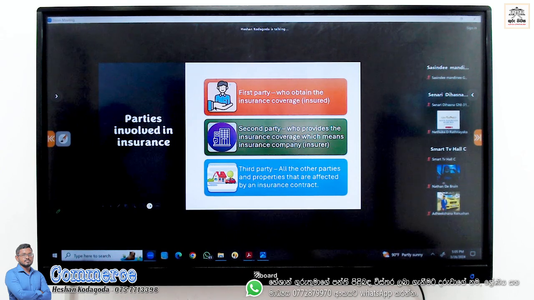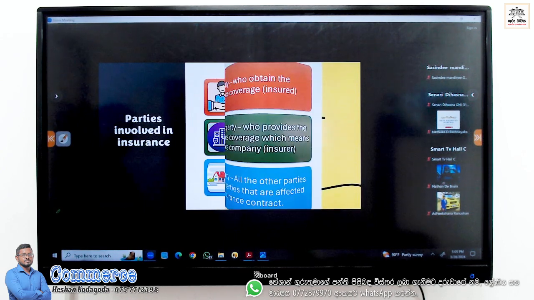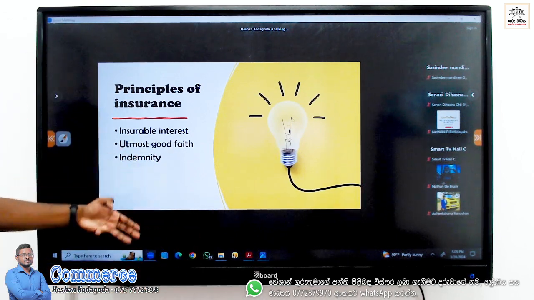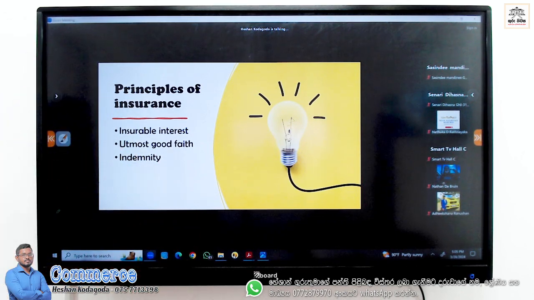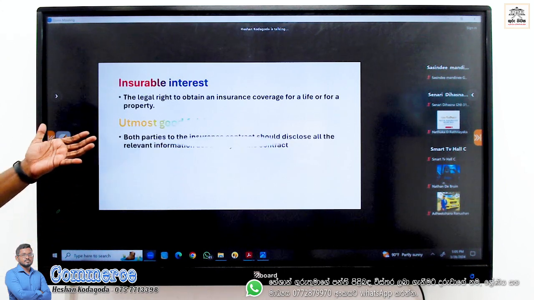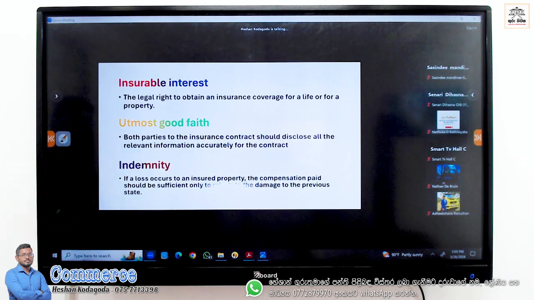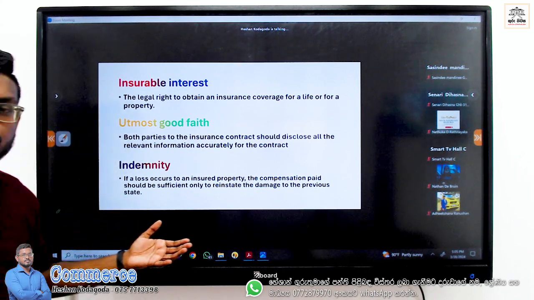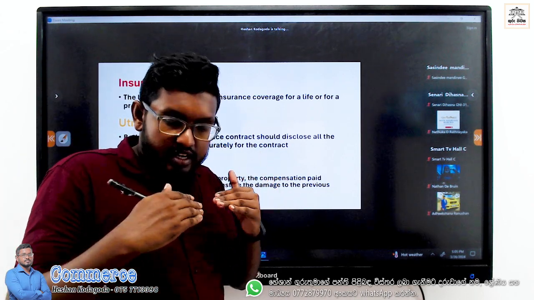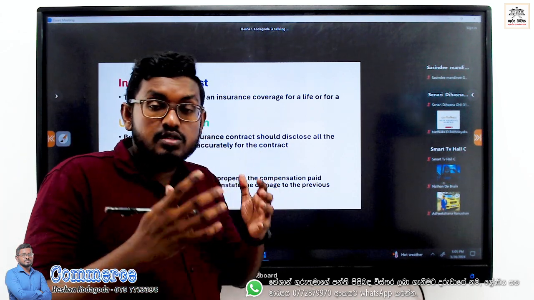Next slide, please. So, principles you can see: insurable interest, utmost good faith, and the indemnity. So, what is the term called insurable interest? A legal right to obtain the insurance, utmost good faith, and the indemnity. It would be better if you could explain examples for each and every insurance principle, right?